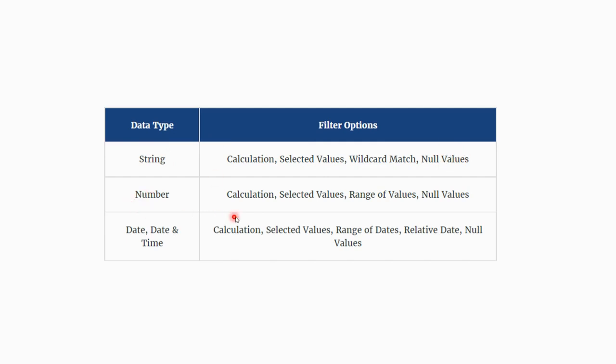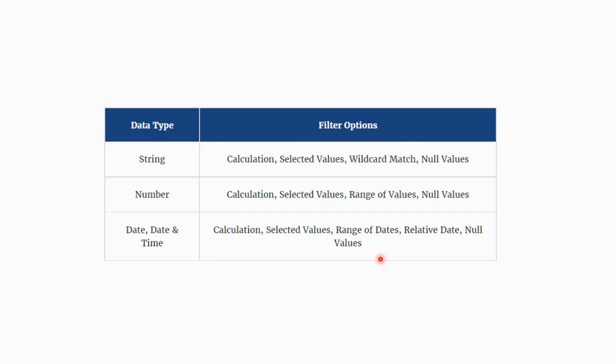If it is a number, you can use the filtering options by calculation or selected values, range of values, and null values. If it is a date or date and time, then calculation, selected value, range of dates, relative date, and null date values are possible.